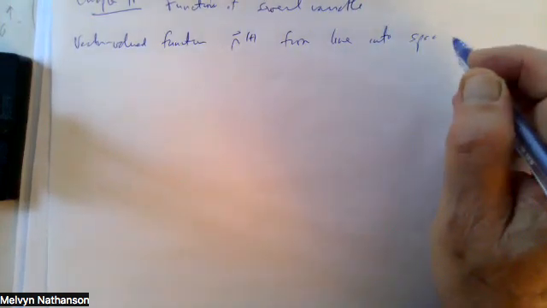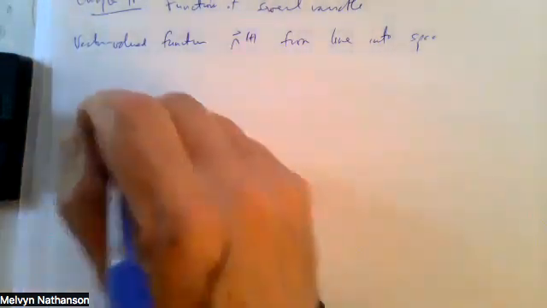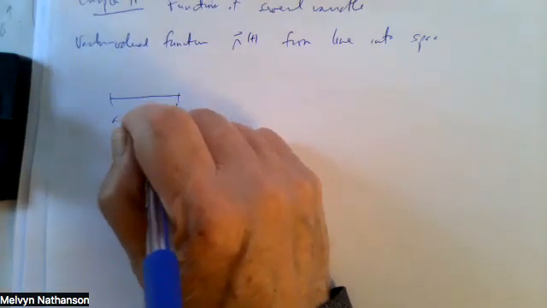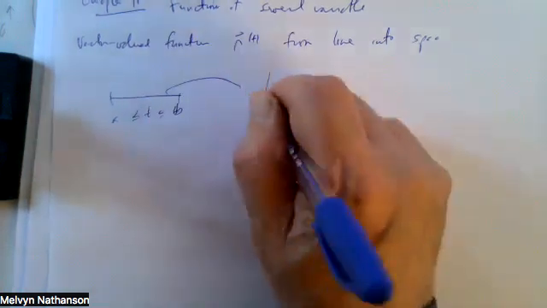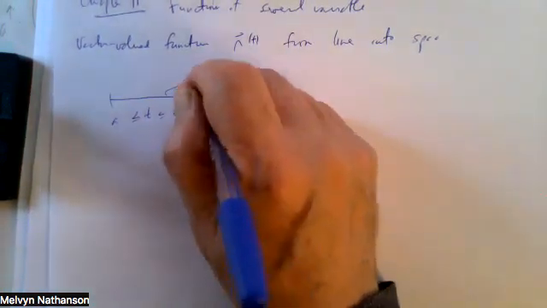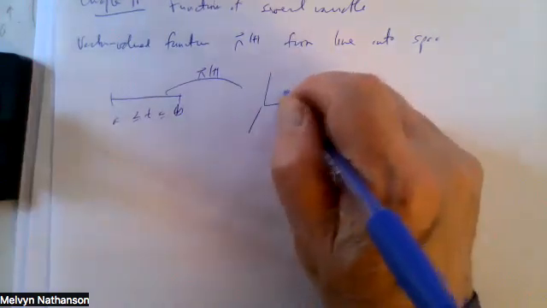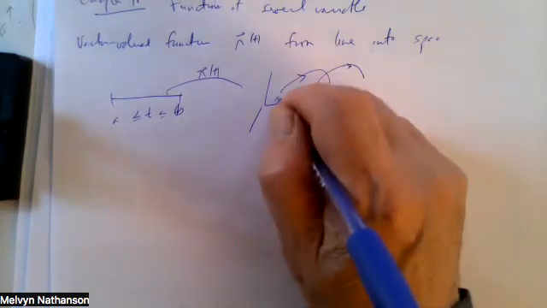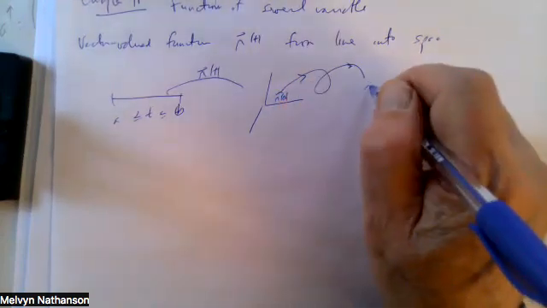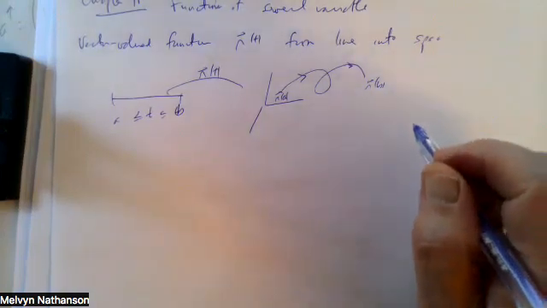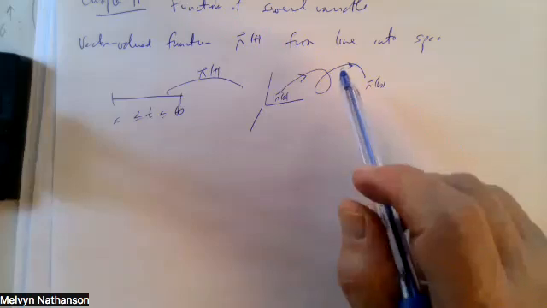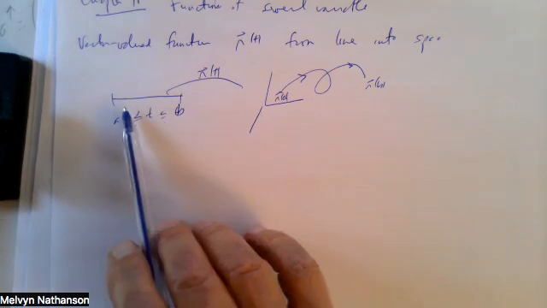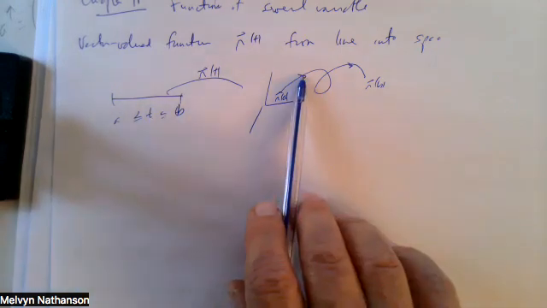So you have some interval maybe from A to B, and you have this function r of t, and it traces out some curve in space, two-dimensional or three-dimensional. So in the previous chapter, we had vector valued functions. So you went from one dimension into 2 or 3 dimensions.